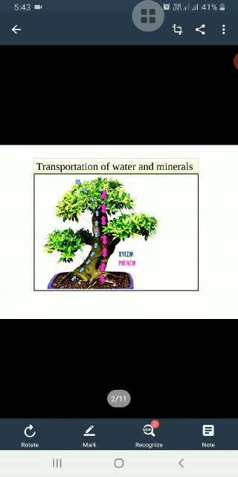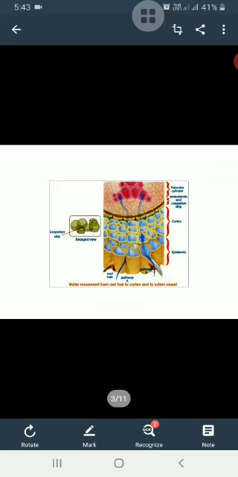Water and dissolved minerals are absorbed by the roots from the soil by a process known as osmosis. The root hair are in close contact with the water in the soil.